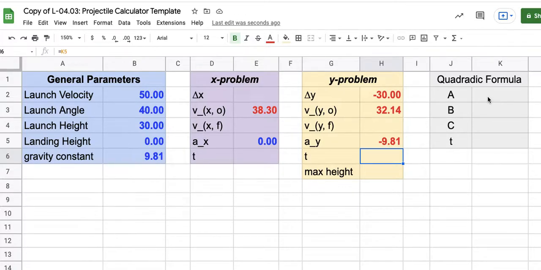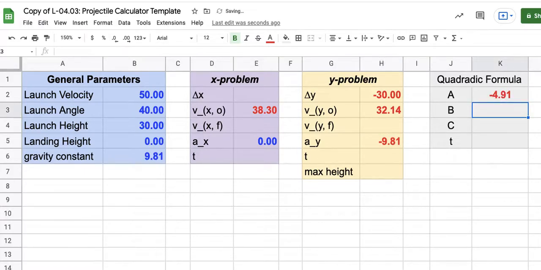We're now ready to solve the quadratic equation to find the time. Remember the quadratic equation, we did this in class a lot, but A was always one half of the acceleration in the y direction. So this equals 1 divided by 2, times the acceleration in the y direction.